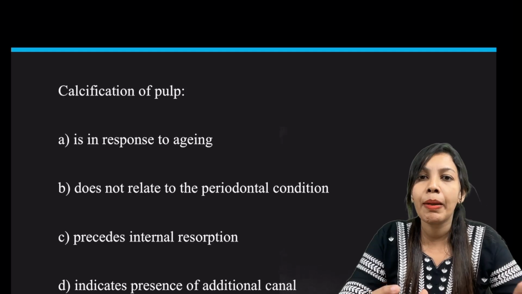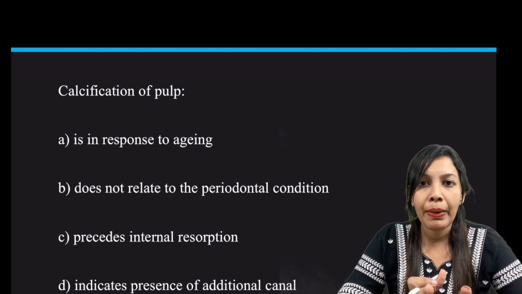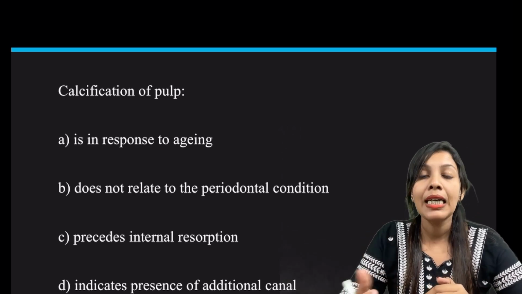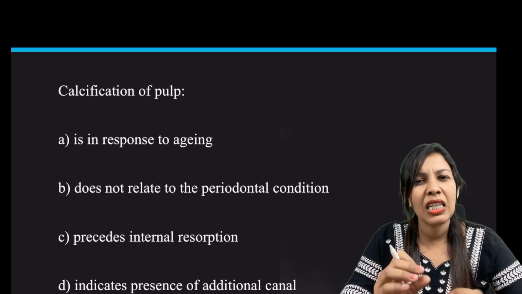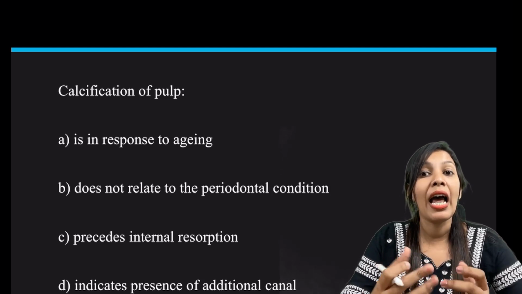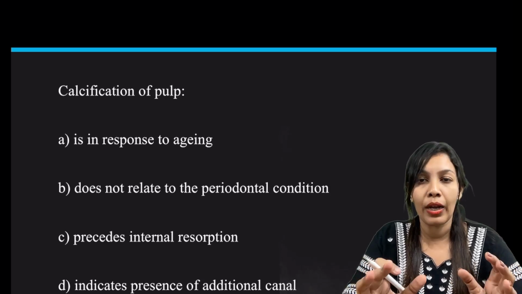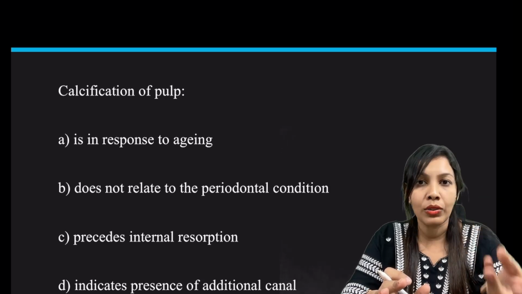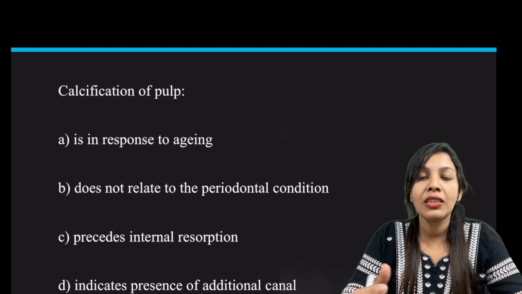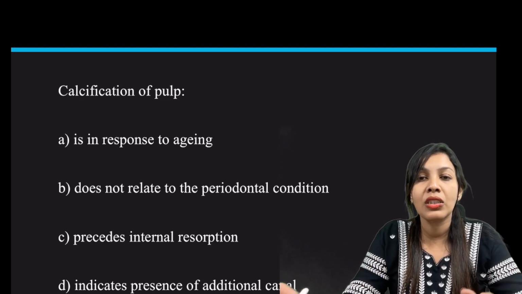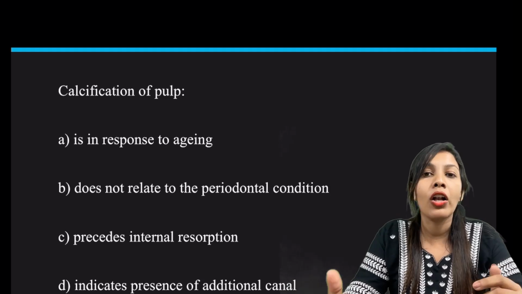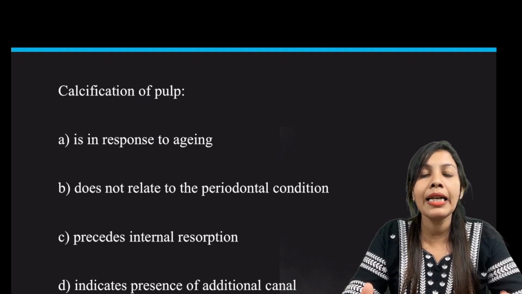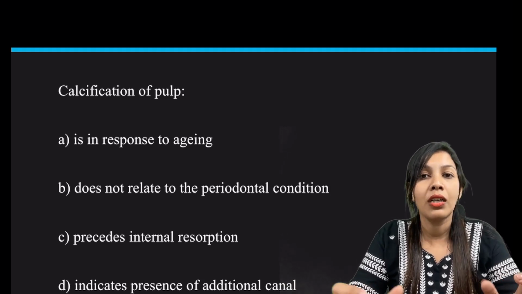In that, reversible pulpitis is just cold; irreversible pulpitis is cold, hot, and nighttime pain will be exaggerated. Similarly, tenderness on percussion is slightly present, and the patient will have pain even after we remove the stimulus. Chronic hyperplastic pulpitis we can see as a cauliflower-like growth outside, and radiographic changes like calcifications often show the later stage of pulpitis or long-standing inflammation or irritation. In between that, sometimes it may also move into resorption.